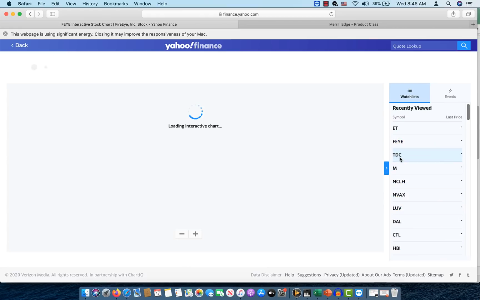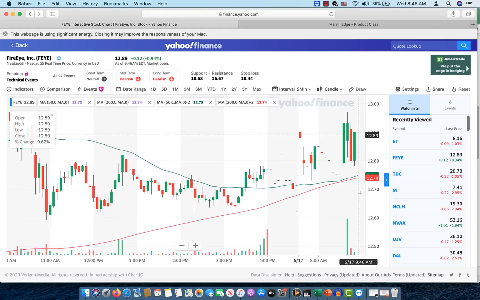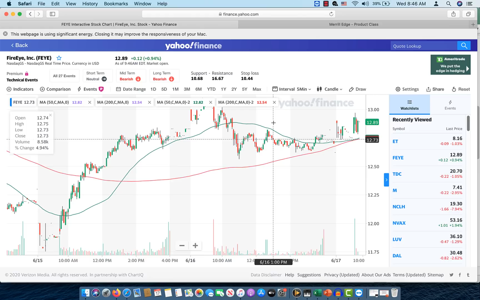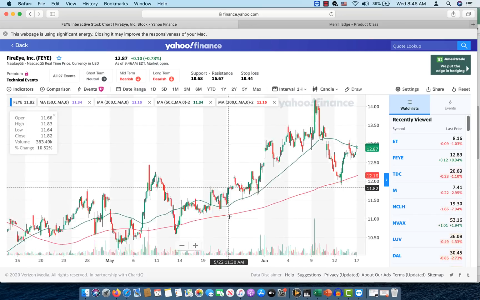Okay, let's check on our FireEye. Oh, guess what? Our FireEye decided to go up today. Look at it. You see all this green here? That's why I'm in FireEye. You see, it went into the bullish trend. CNBC was saying it was going to $14. So that's the 5-minute. Let's see the 1 hour.